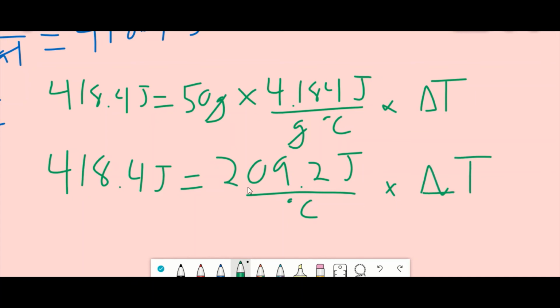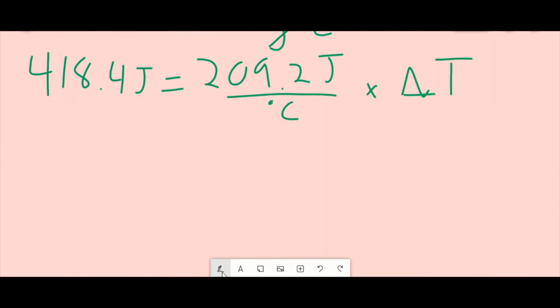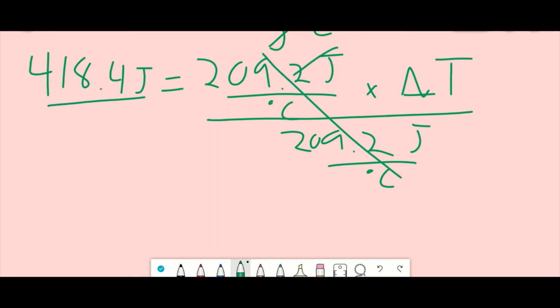Now we want to get rid of this 209.2 out here, so we're going to divide both sides by 209.2. I'm going to divide out 209.2 with this 209.2, and then divide by the joules per degrees Celsius, so this whole thing crosses out. We also have to do that over here, which is 209.2 joules per degrees Celsius.